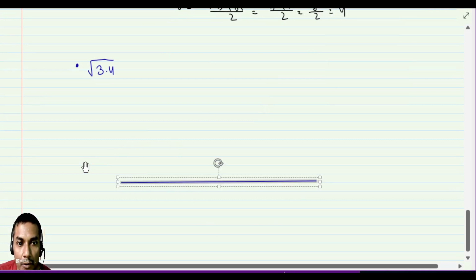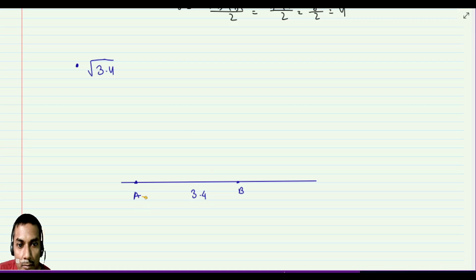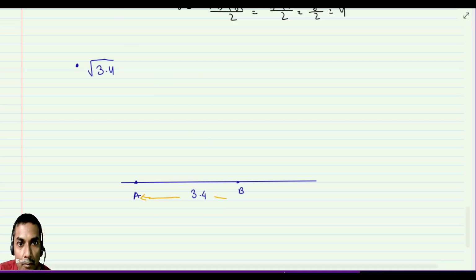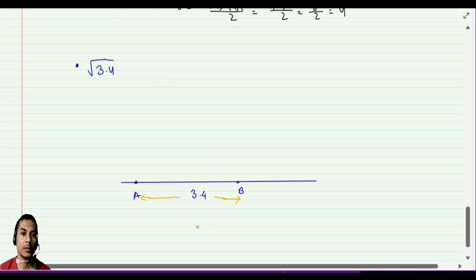Then what you have to do? You take 3.4 from here, A, B. You consider 3.4 centimeter, no problem. Clear?